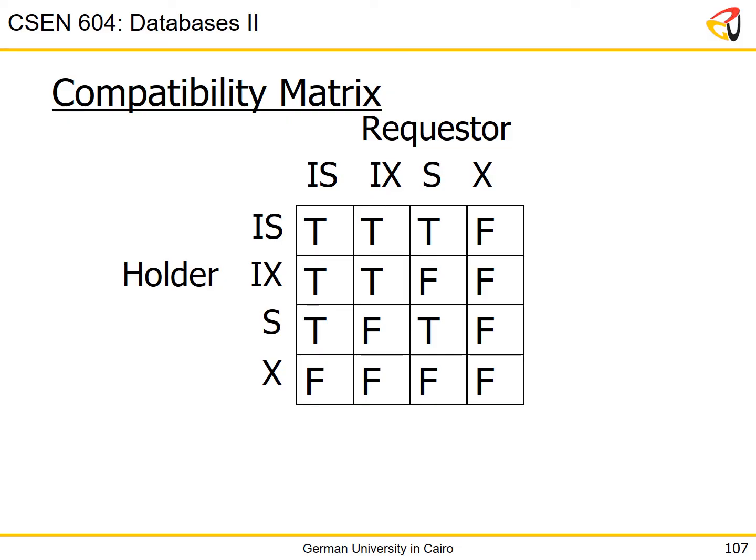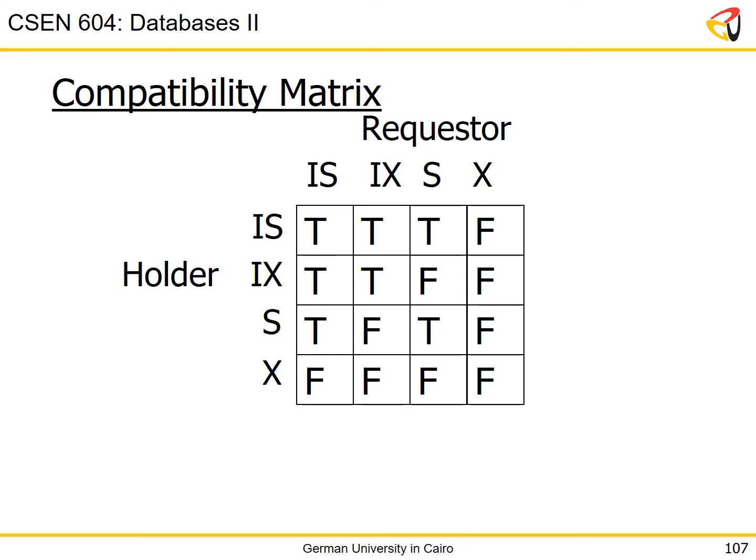For example, the holder will request an exclusive on T2, while the new requester requests an intention shared because it will request shared on T5, which is different.